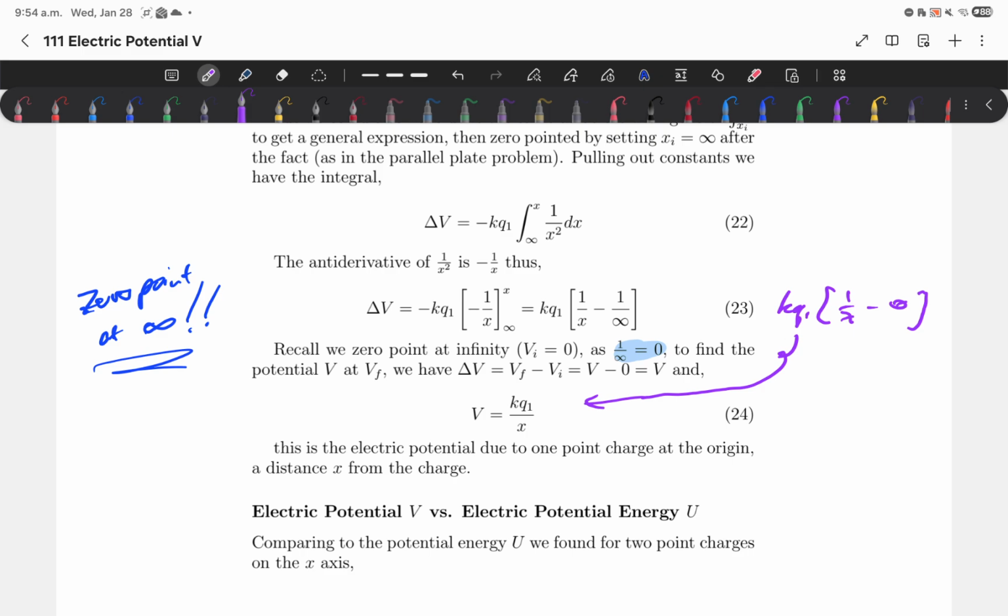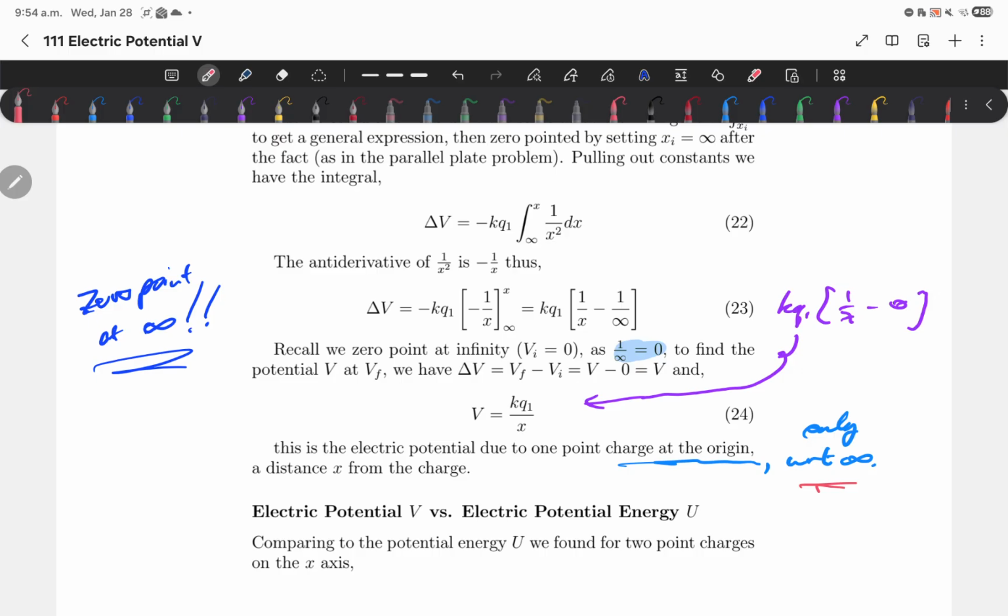But how do we do that? We say this is the potential of our 1 point charge relative to infinity, right? Because delta V is always what's defined. So this kind of famous kq over the distance formula for a point charge is just what we obtain when we 0 point at infinity. So that's our point charge.